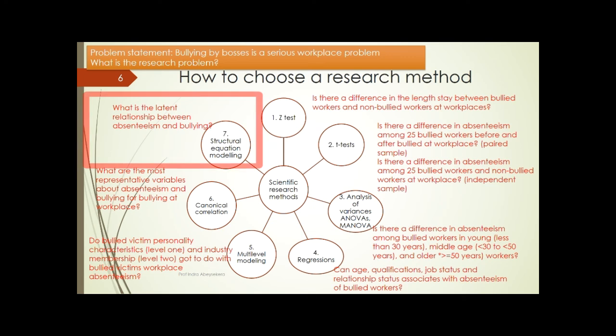Seventh, structural equation modeling. What is the latent relationship between absenteeism and bullying? So absenteeism and bullying are concepts or constructs, and we are trying to look at the relationship between those two at the latent level, or at the conceptual level, and we can use structural equation modeling.